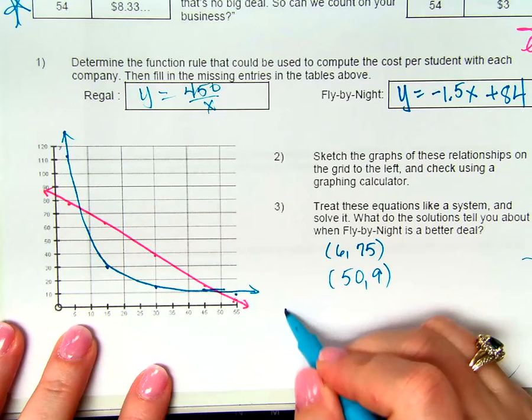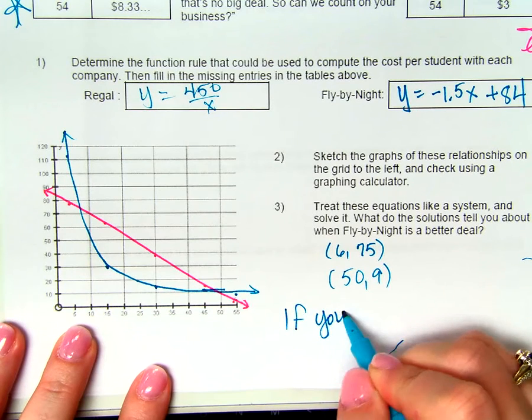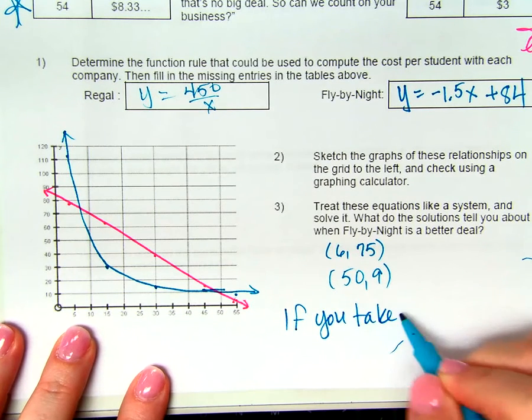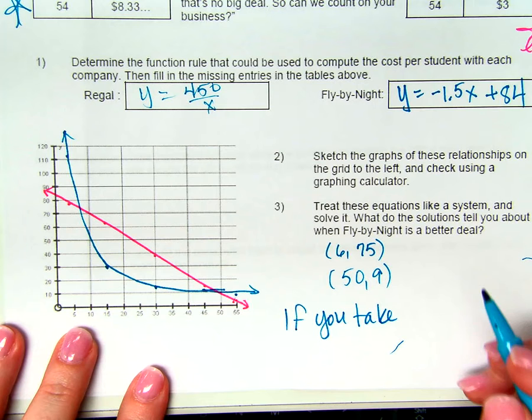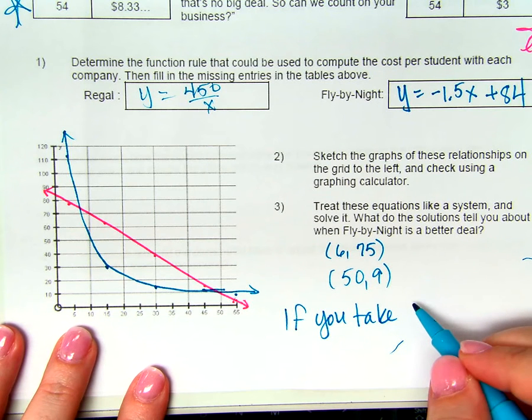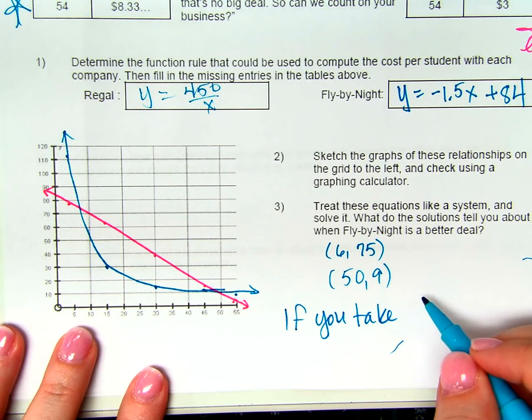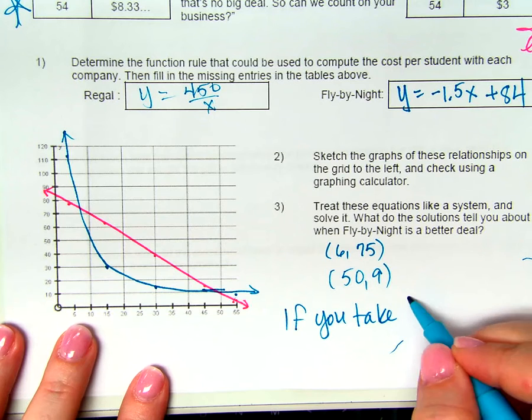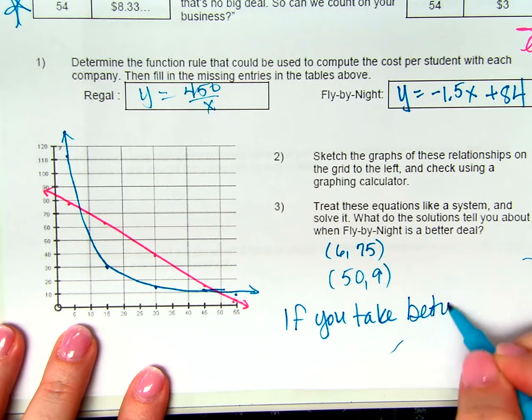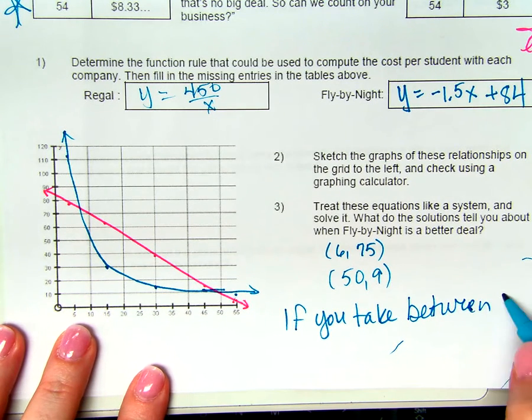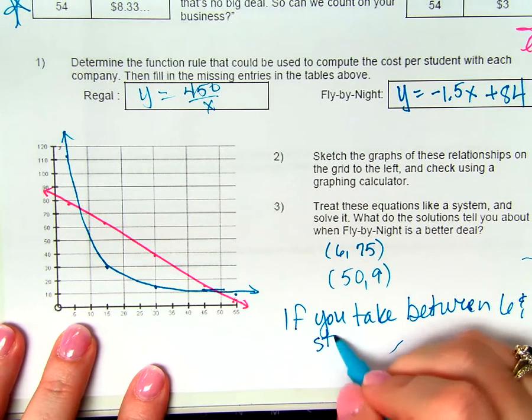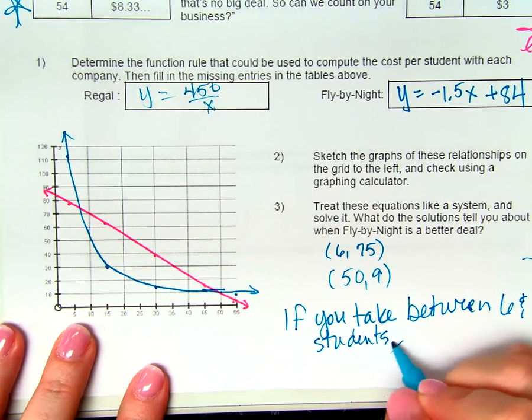So if you take more than 6 to less than 50 students, between 6 and 50 students, then what's true?